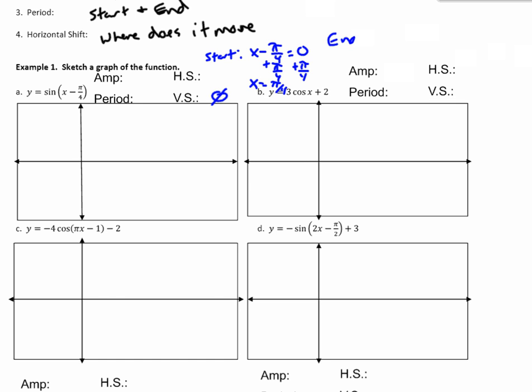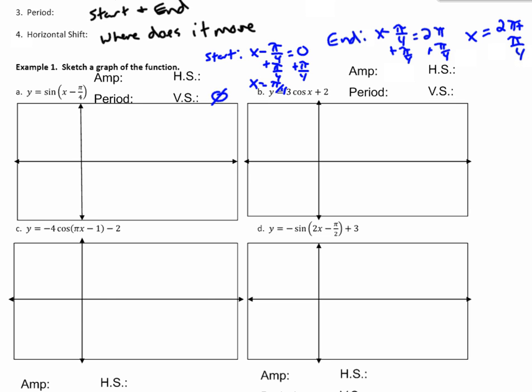Here's an ending point: x minus pi over 4 equals 2 pi. Add pi over 4 to both sides, and I'm going to write this as x equals 2 pi plus pi over 4. So I ended my normal 2 pi, and then I moved to the right pi over 4.